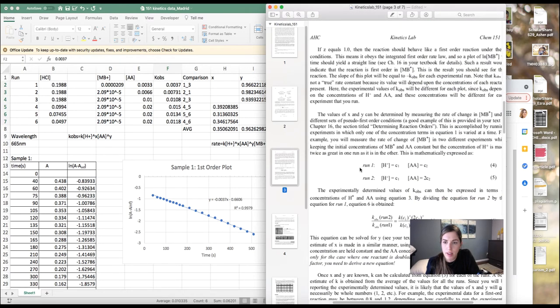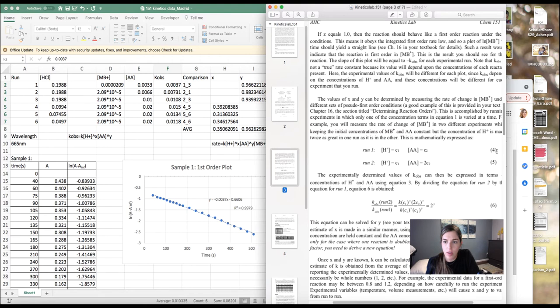Okay, then scrolling down right here, 4, 5, and then 6, tells us that we can compare run 1 and 2 to determine what Y is. So if we're looking for Y, which corresponds to ascorbic acid, we want to know what the order of ascorbic acid is. We could compare run 1 and 2. Why? Because the concentration of hydrochloric acid stays the same between those 2 runs, but the concentration of ascorbic acid changes.